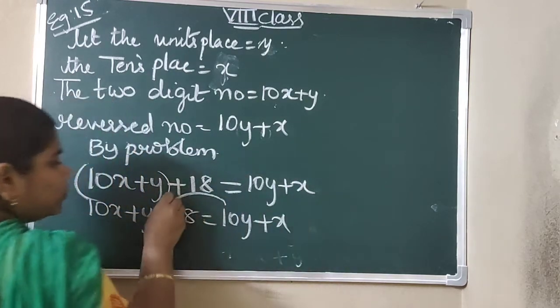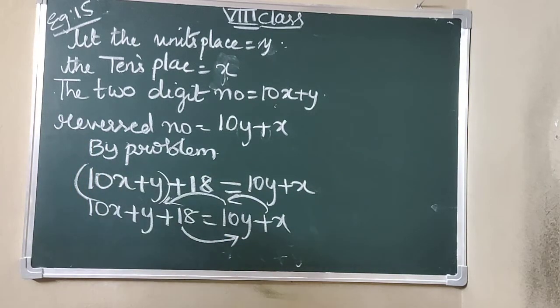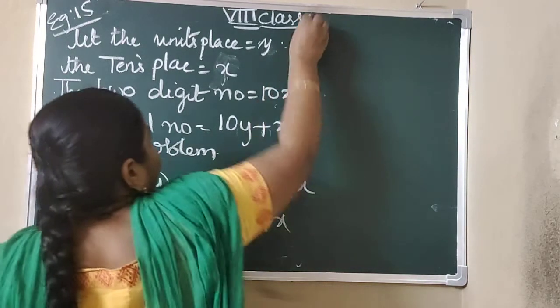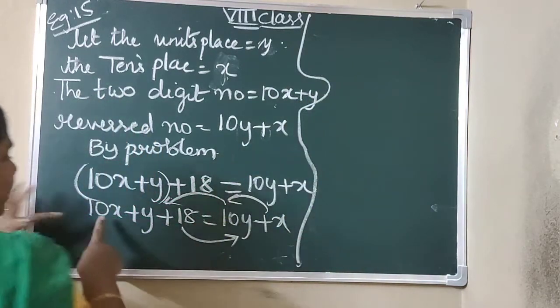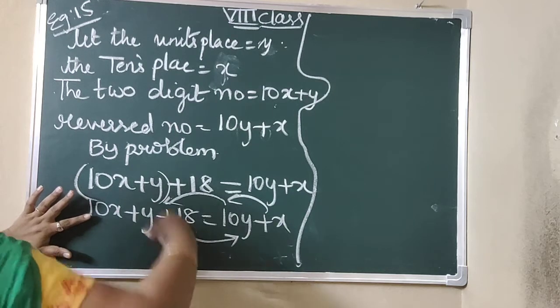If you transpose all the terms, and transpose this plus 18 to the other side, that will become minus. So I am sending these terms to this side and plus 18 to the other side.